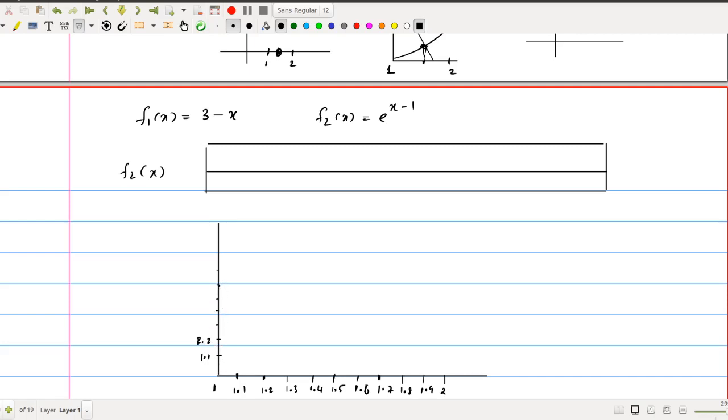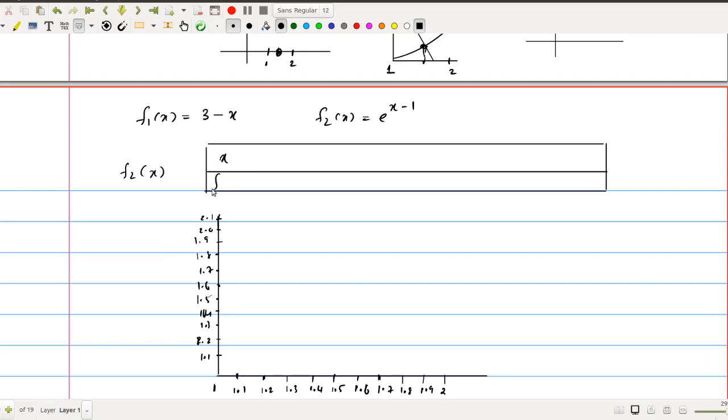These are the values 1.3, 1.4, 1.5, 1.6, 1.7, 1.8, 1.9, and this is 2, and here we have 2.1 and so on. So we will find out all the values.